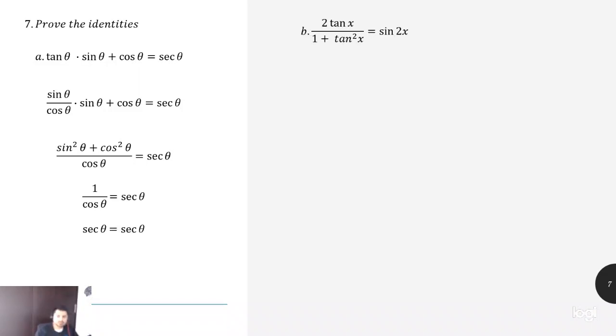Next one. So I started working with the left part. I said, okay, I already know that the tangent is exactly equal to sin over cos. So I already took it out to make it a little bit clearer. Times, we already know from the trigonometric identities that 1 plus tangent squared x is equal to 1 over secant squared x.